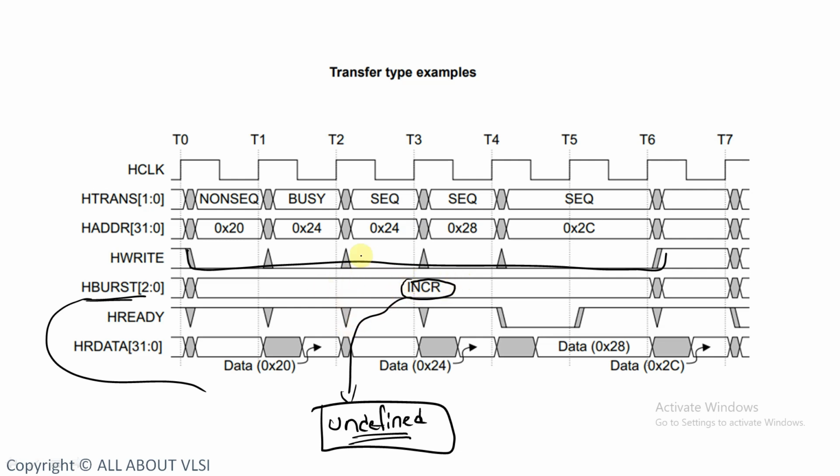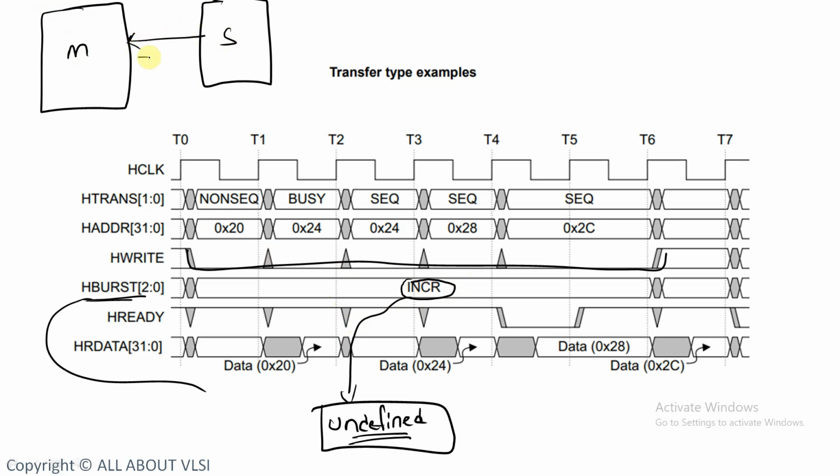So if I want to read the first packet, this is my master and this is my slave. Now the master wants to read the first packet, but it doesn't know how many packets it is going to read. First we read the packet P1, and the address associated with P1 is 20, represented in hexadecimal format.